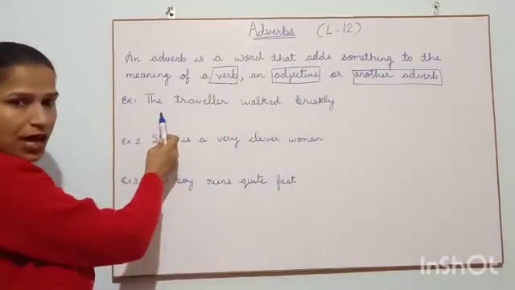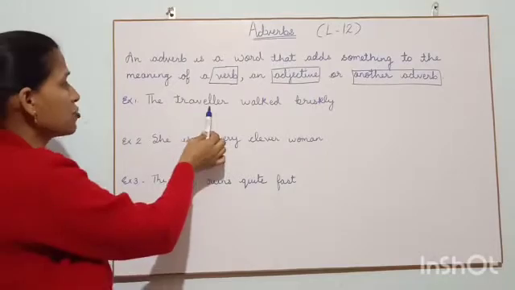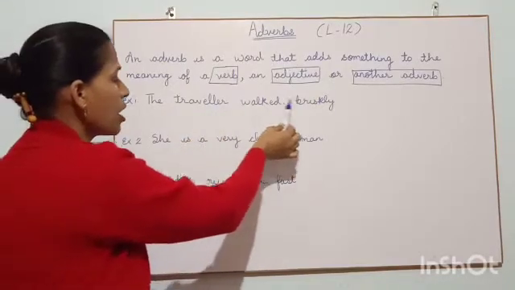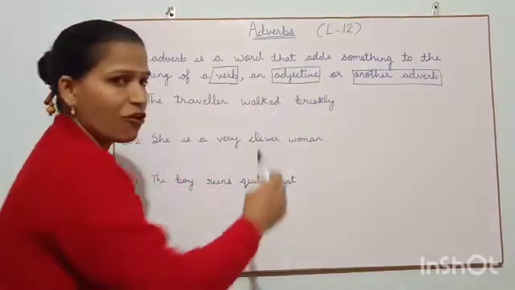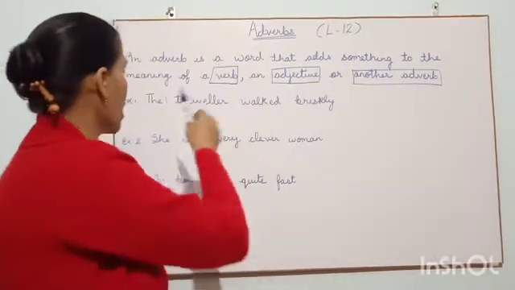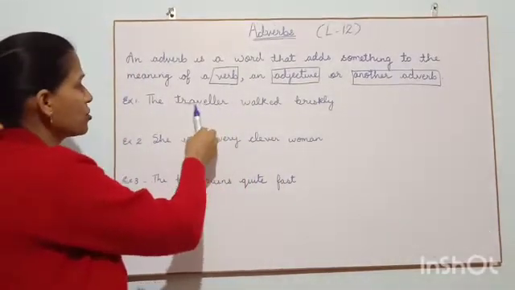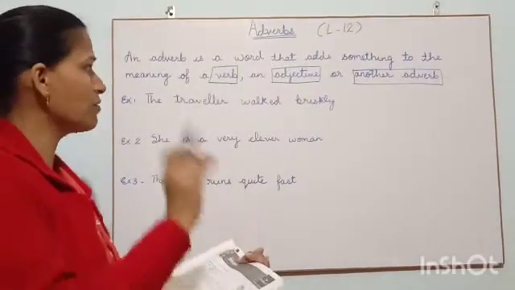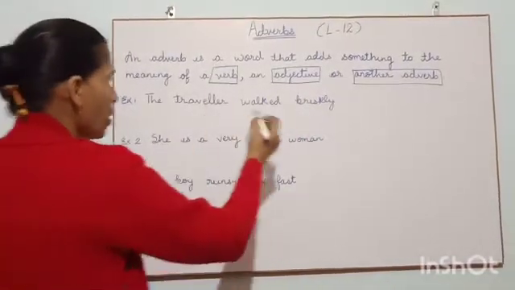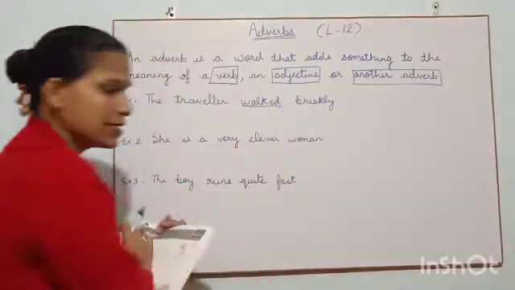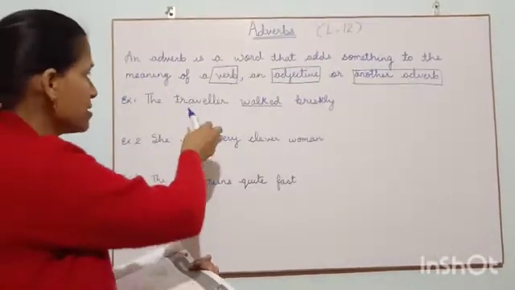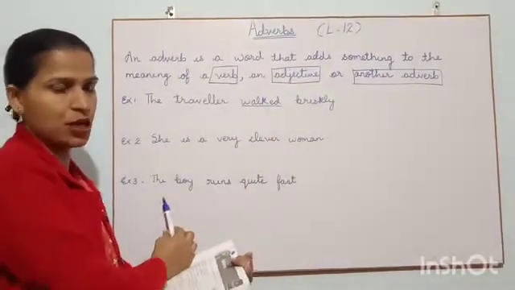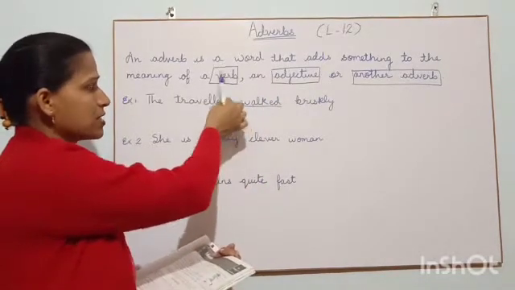First example which I have written from your book is: the traveler walked briskly. Now, what is the meaning of briskly? It means to walk quickly. The traveler walked briskly. Firstly, we are going to find out what this walked is. This is an action, so that means it is a verb.